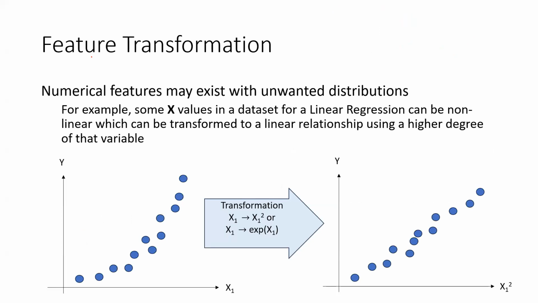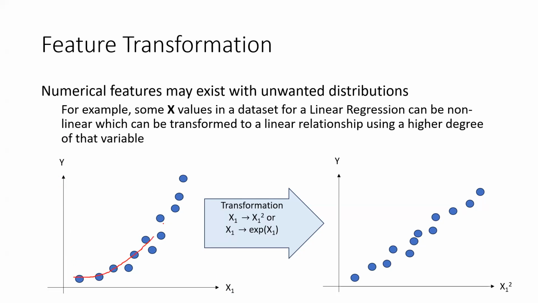And now let's discuss feature transformation. We have actually discussed this earlier in our linear regression class, right? For example, when you draw a scatter plot between the x variable and the y variable, if you find something like this, that means it is not a linear case.